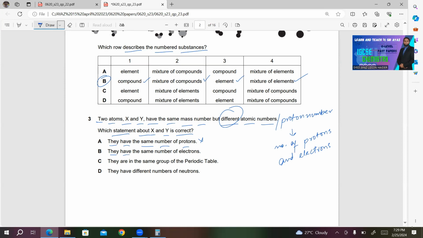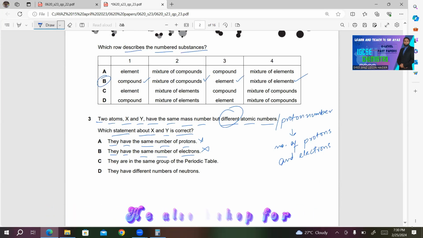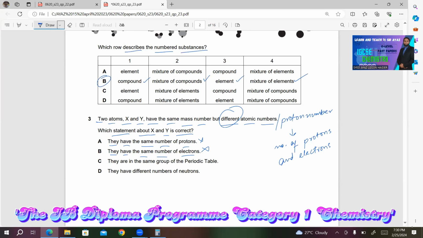B, they have the same number of electrons. This is also incorrect. If the proton number is different, they will definitely have a different number of electrons because these are atoms. We don't have any ion in one of these. C, they are in the same group of the periodic table.